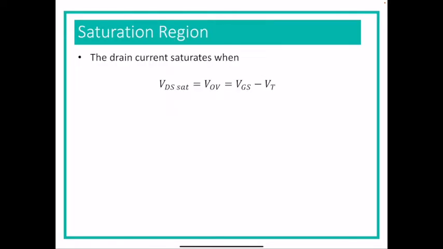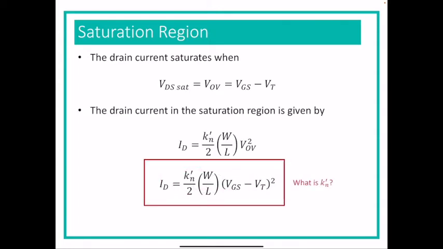So the value of drain current saturates when we reach that value of VGS minus VT, and we can actually find the value of current if we know these parameters. Now we'll know VGS, we'll know the threshold voltage, we'll know the width and the length, but what's Kn prime?